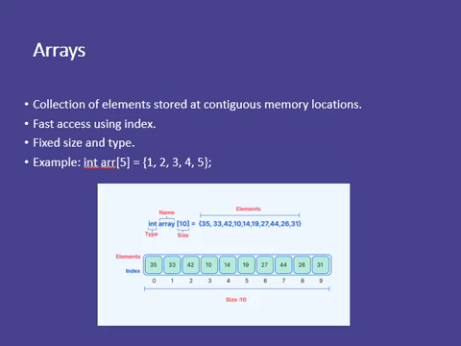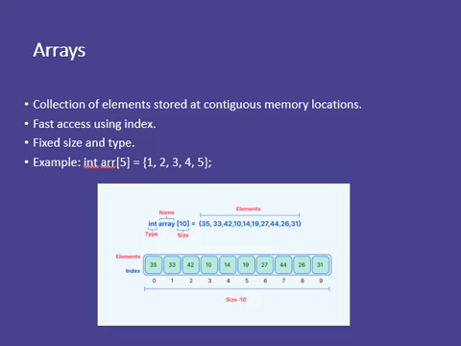Now, the first example of a linear data structure is an array. An array is a collection of items of the same data type stored in a contiguous memory allocation, and in an array the same types of data should be stored. What are the characteristics of an array data structure?